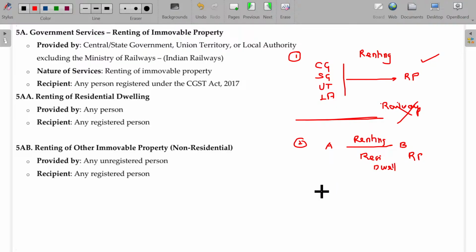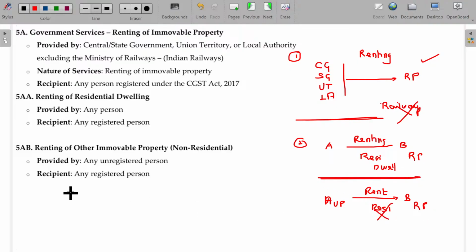Now, in case any unregistered person, A being the unregistered person, lets out to B, being the registered person. What is that? Again, renting of other than immovable property, not being for residential dwelling purpose.